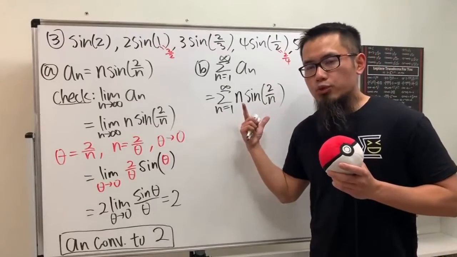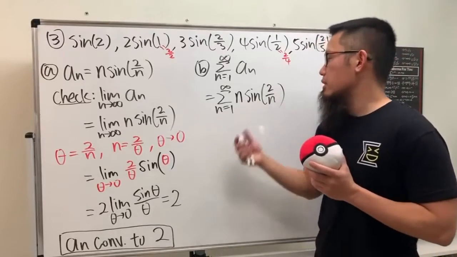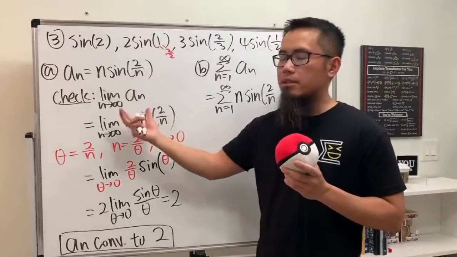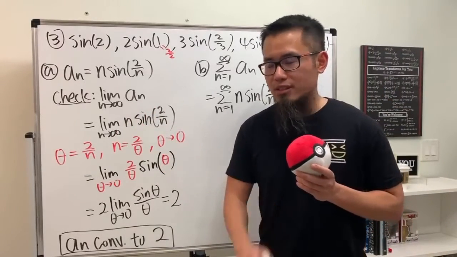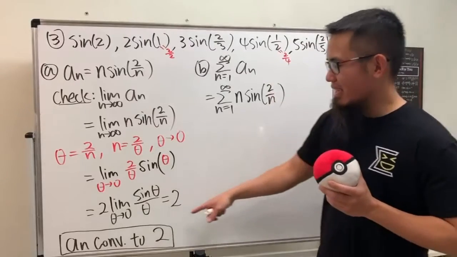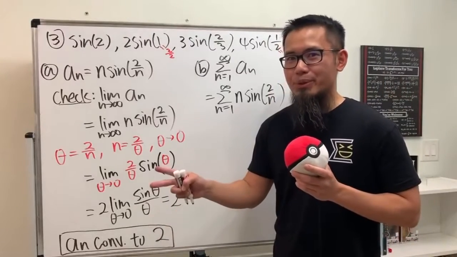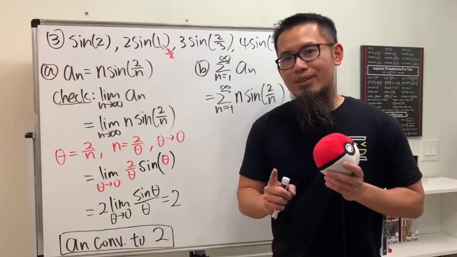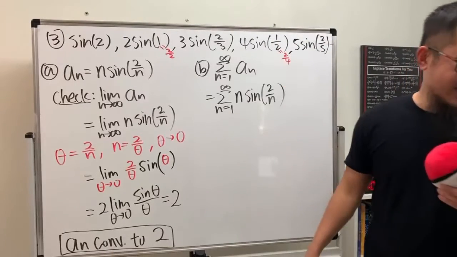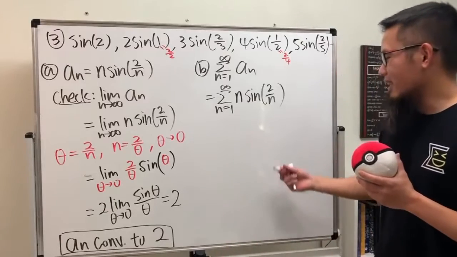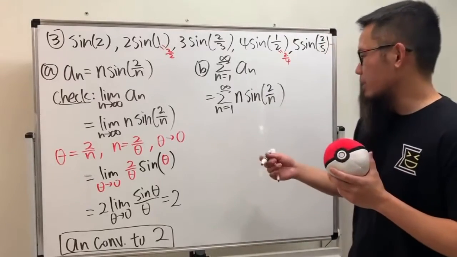If this is what you are dealing with, again, go ahead and take the limit on your own, because you can do the test for divergence. And you'll see that, hey, this right here, the limit is equal to 2, which is not equal to 0. So does this converge or diverge? Yeah, diverges. Nice, TFD, right? We did that earlier.